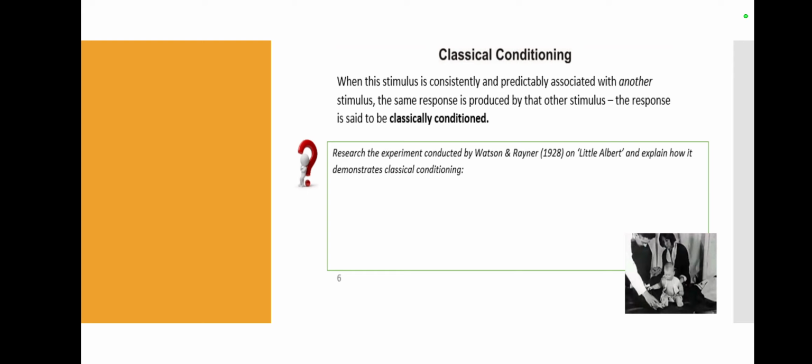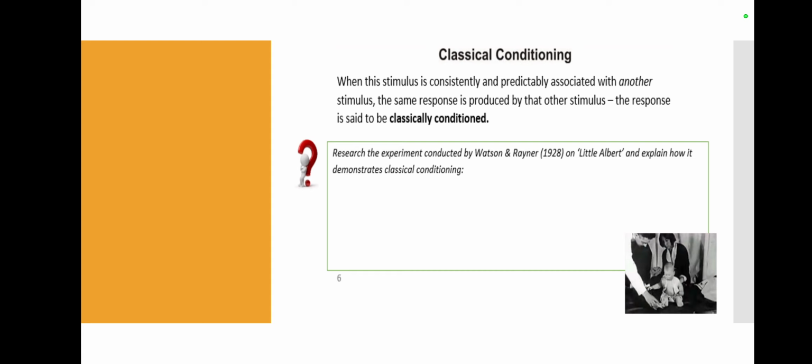So during conditioning, the white rat and the loud noise are repeatedly paired together until eventually the white rat becomes a conditioned stimulus. Remember, conditioned is just a different word for learned. So we're saying that the white rat is now a learned stimulus. Little Albert has learnt how to respond to that.